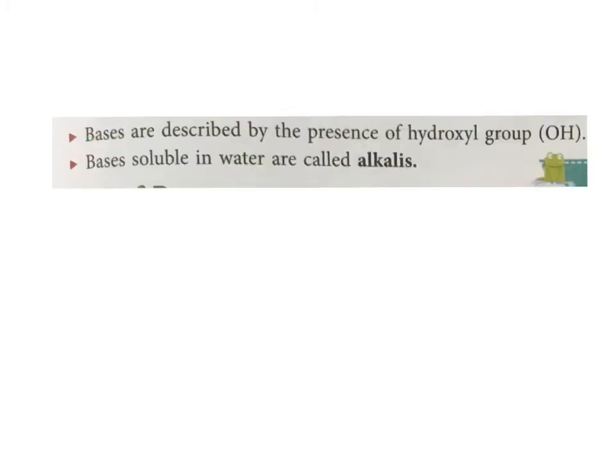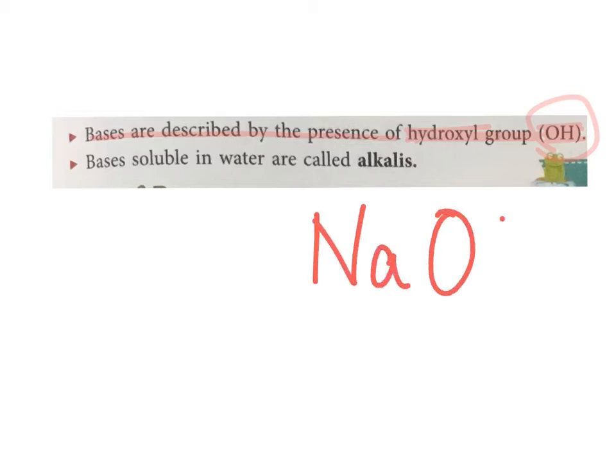Let's proceed to the next property. Bases are described by the presence of hydroxyl group, that is OH group. This group is called as hydroxyl and it is the property of base that this group is present in them. As you have seen in few examples, that is sodium hydroxide.